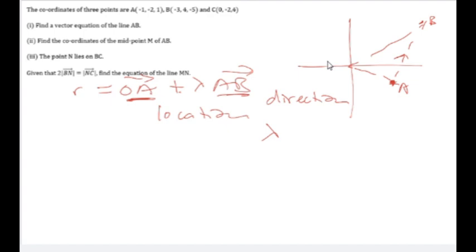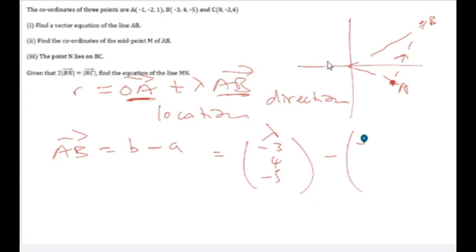To find AB, we simply consider the coordinates of B and A. We subtract the coordinates, B minus A, which is (-3, 4, -5) minus (-1, -2, 1).